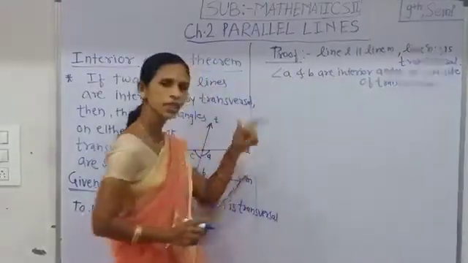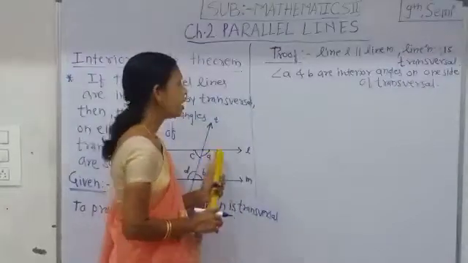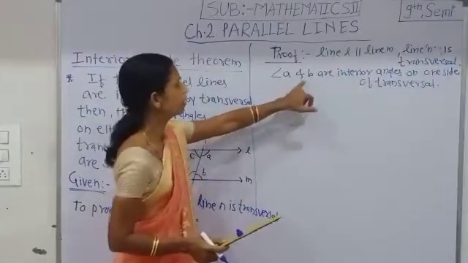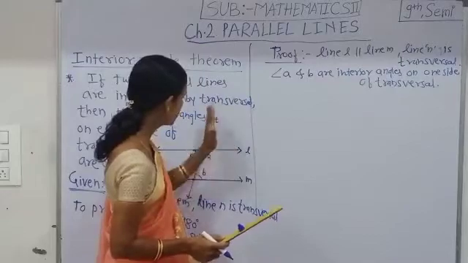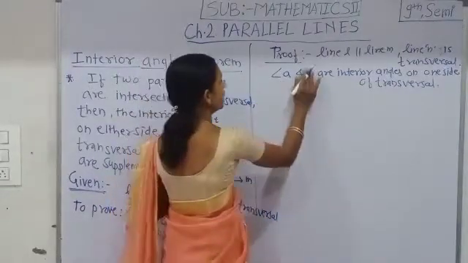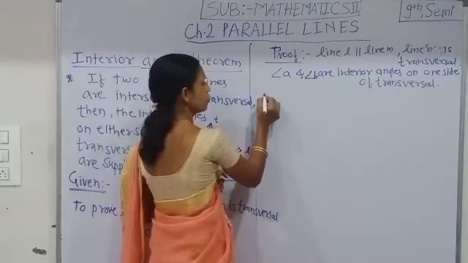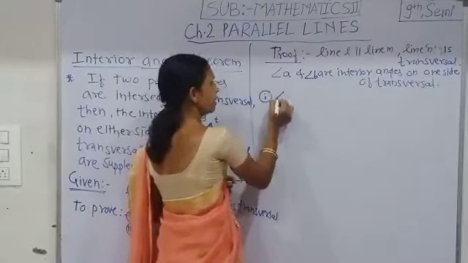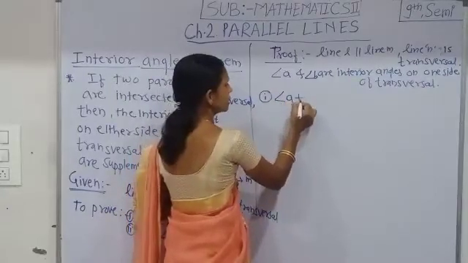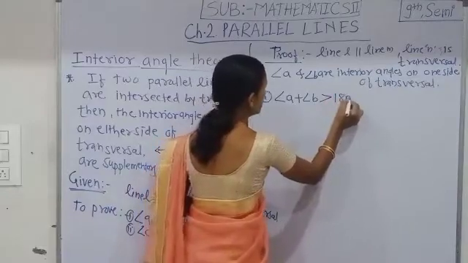There are three possibilities about the interior angles which lie on one side of the transversal, that is about angle A and angle B. One possibility: angle A plus angle B is greater than 180 degrees.